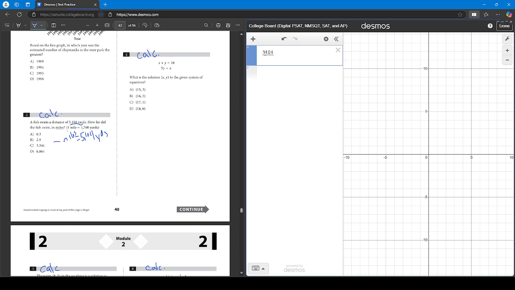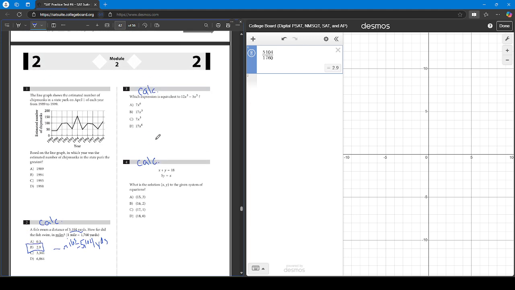Should be divide by 1,760 to give you answer choice B for question number 2. 5,104 yards is exactly 2.9 miles.